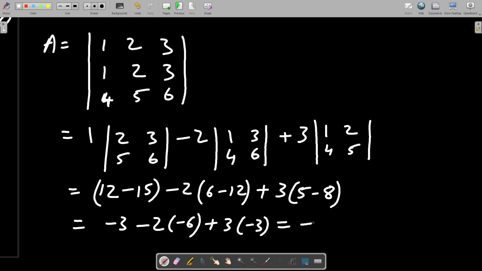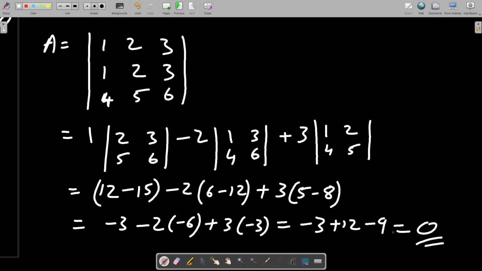So this will add up as minus 3 plus 12 minus 9. Again 0, but for some weird reason it had the same numbers as the previous one, 3, 12 and 9. Coincidence. So this is one example that if you keep two rows equal, you'll get a 0.